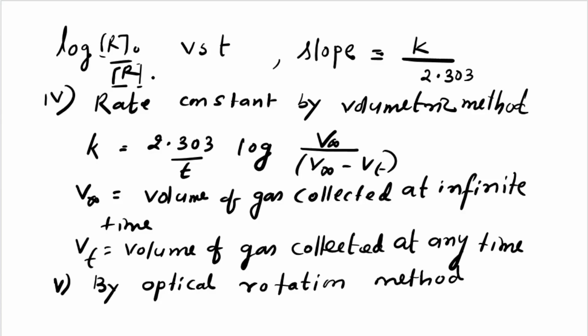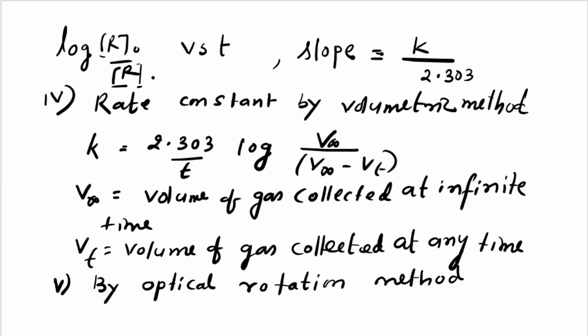V∞ is the volume of gas collected at infinite time, and Vt is the volume of gas collected at any time t. So this is the formula.